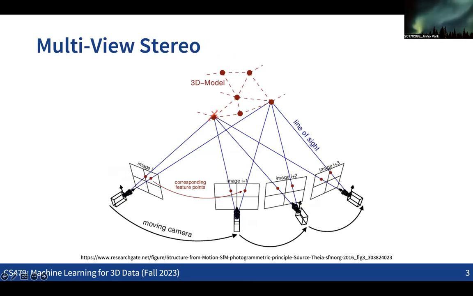This process, having two corresponding pixels in the images, shooting the rays and finding their intersection point, is called triangulation in computer vision. Through triangulation, we can do 3D reconstruction.